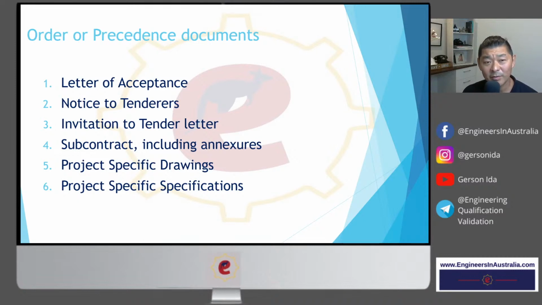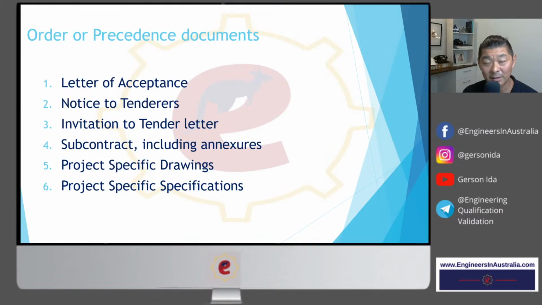Obviously, if there is information, for example, in the letter of acceptance, and then there's conflicting information in, let's say, item number 5, project-specific drawings, it means the letter of acceptance has a higher order of precedence than project-specific drawings.